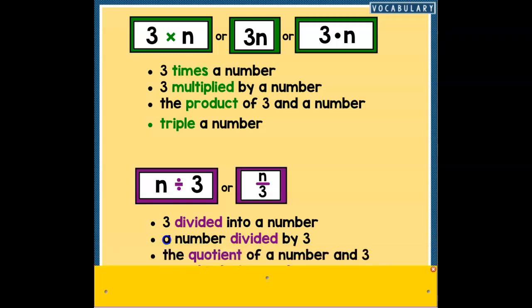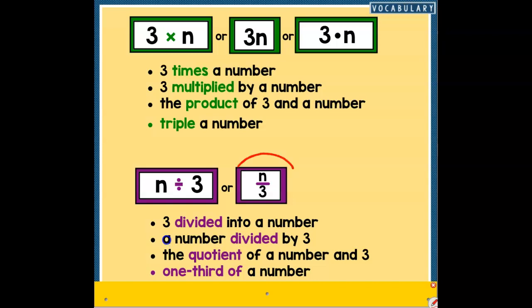The quotient, remember that's that fancy word, quotient of a number and 3. Or we could say 1/3 of a number. That kind of shows us the representation here where if we put a 1 on top, it would be 1/3 or a third of whatever that number was. So if you look at those options, which ones are the trickiest for you? Tell your partner which ones, the way you say them, are the trickiest for you.